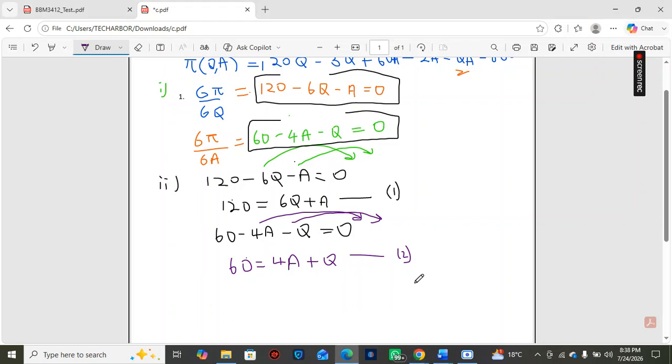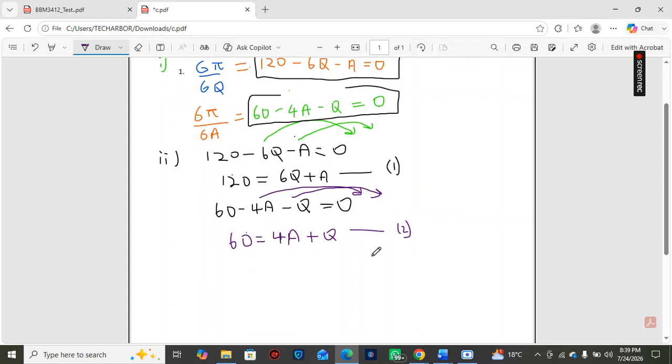I hope we're all okay up to this point here. So now we have to solve this simultaneous equation here. We can solve by elimination or substitution. I usually like to use substitution. So if we look at this equation 1 here, 120 equals 6Q plus A. We can make A the subject of the formula.